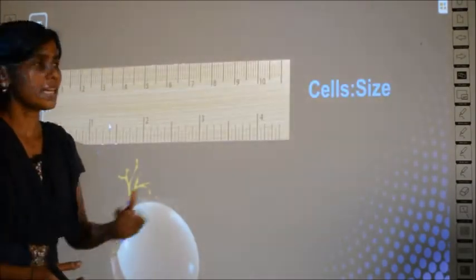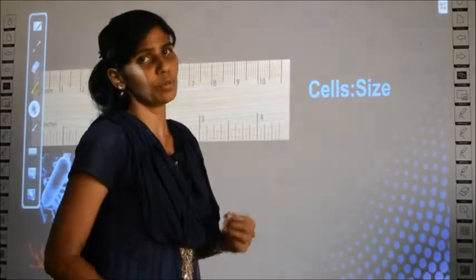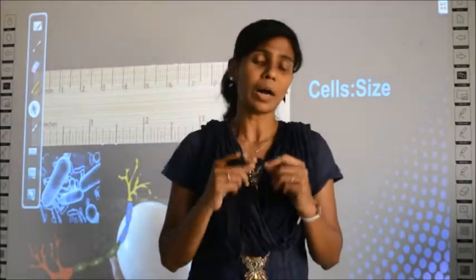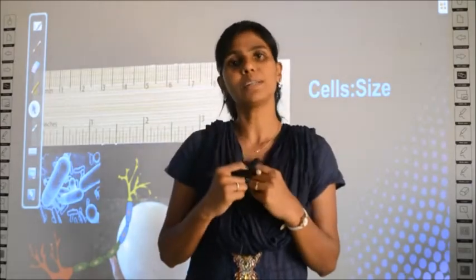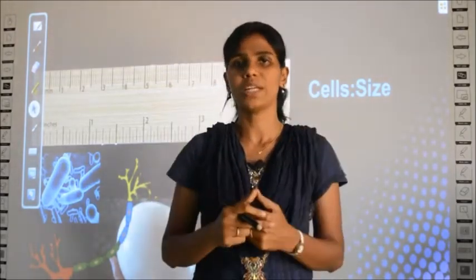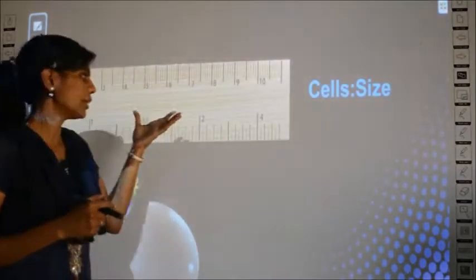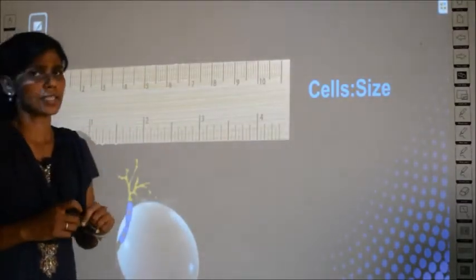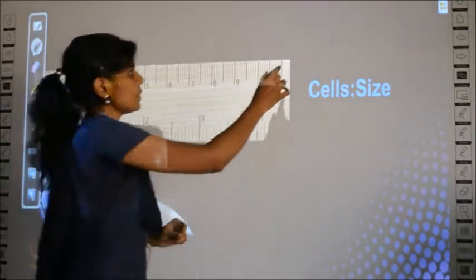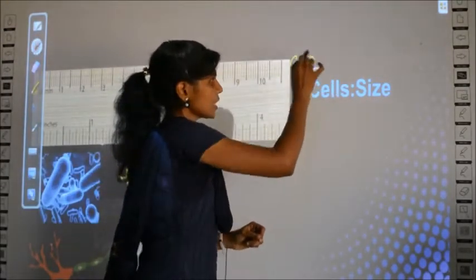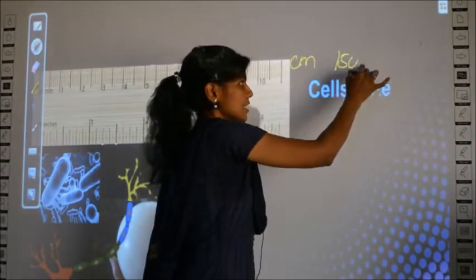So we'll start with the size of the cells. How do you measure the size? Suppose there is a line. How will you measure a line? You will take your scale, the ruler, and measure how many centimeters it is. This scale or ruler that you generally use is in centimeters, usually the small scale of approximately 15 centimeters, right?